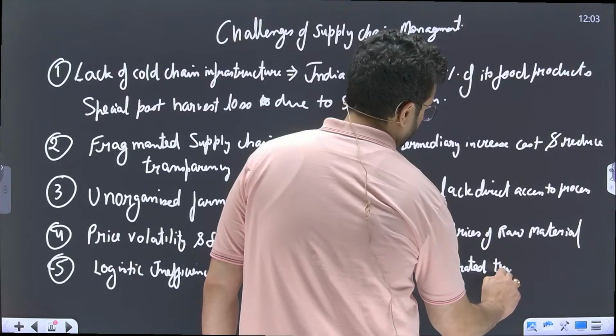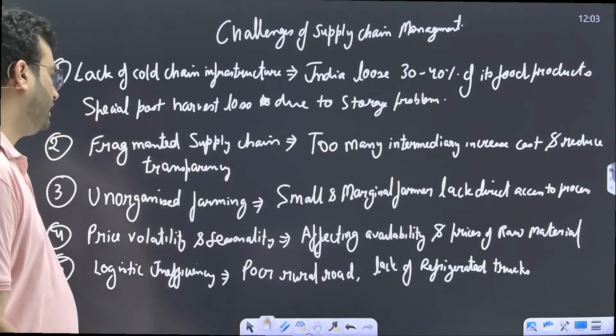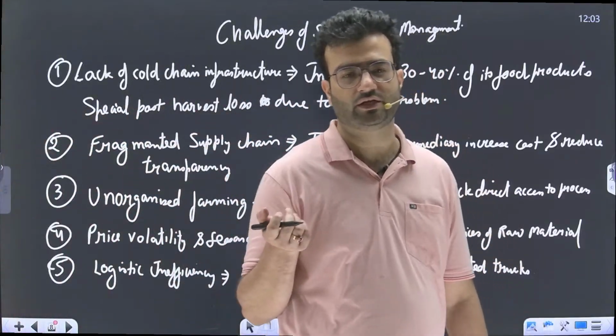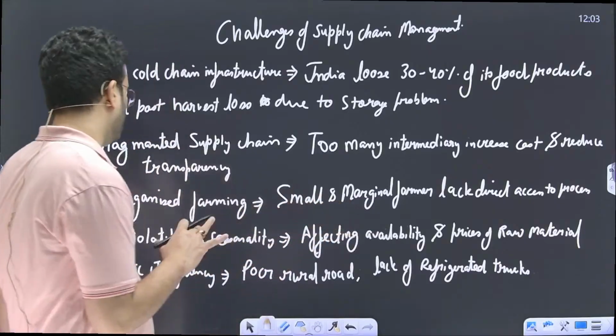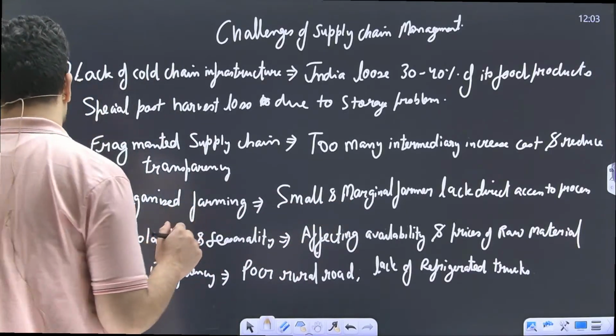They also impact a lot, because if you have poor roads and you do not have cold storages, that will also affect your logistics and create logistic inefficiency as well.